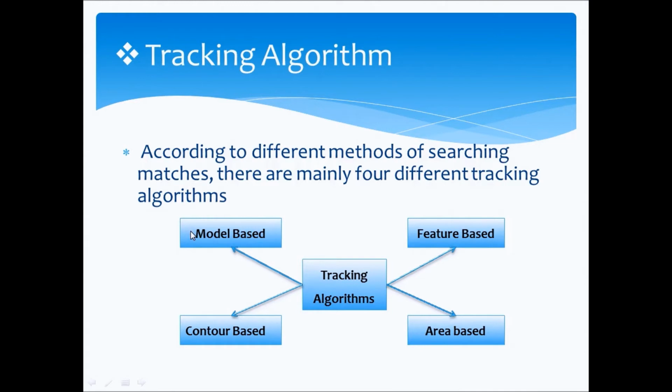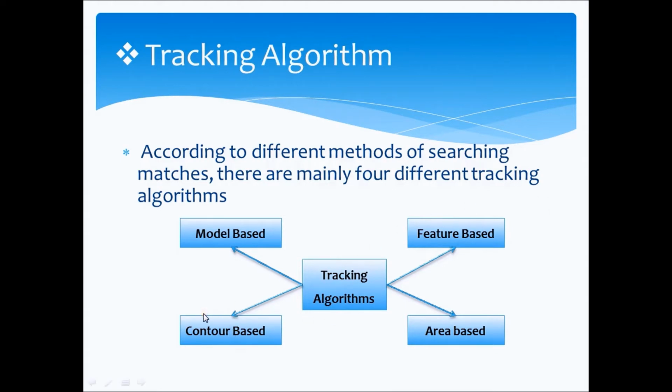Model-based moving object tracking is to first build a specific model for the tracking target using some prior facts, then use the model to do the matching, and you need to make sure to update the model when there are some changes. The feature-based moving object tracking includes the extraction of feature points and the matching of those features.